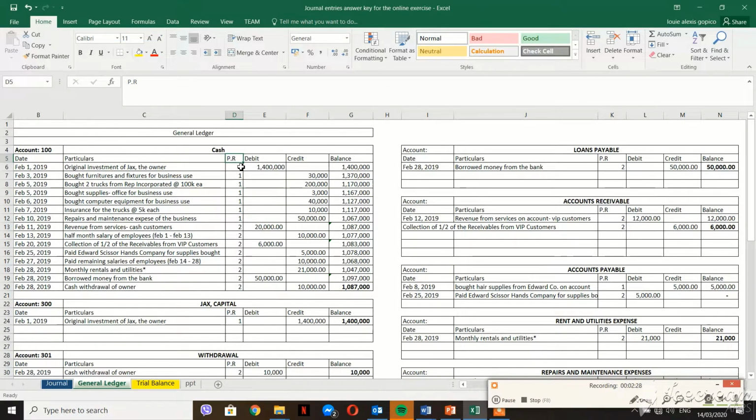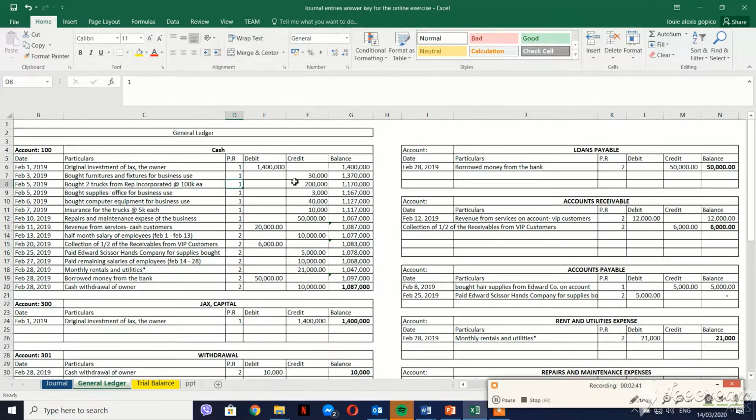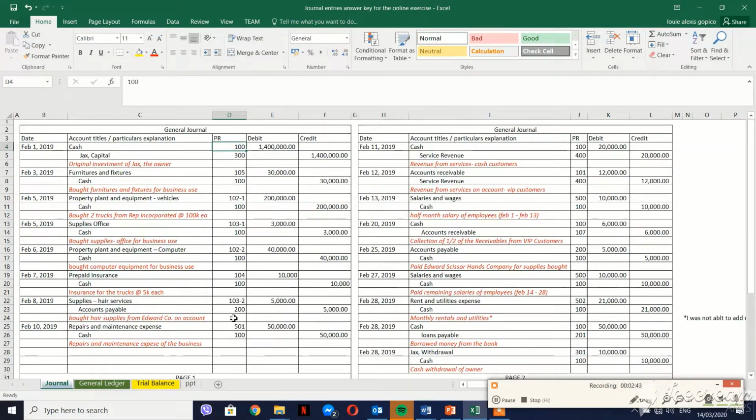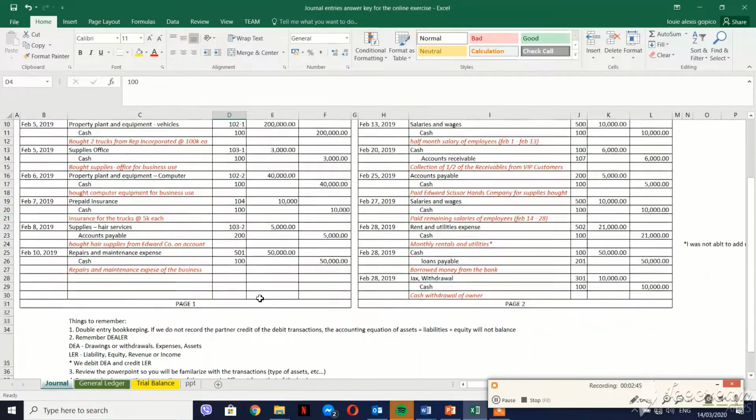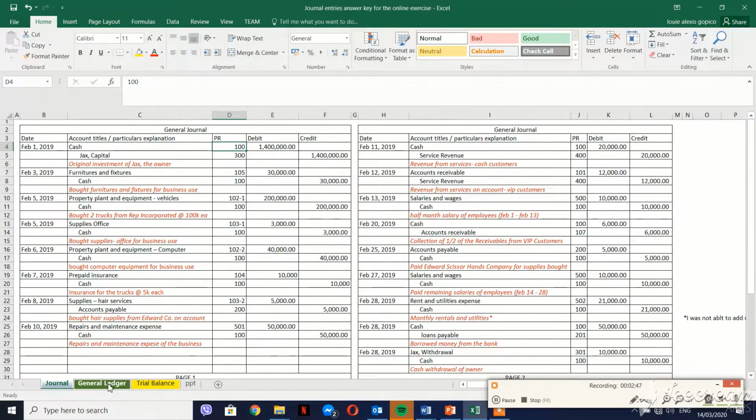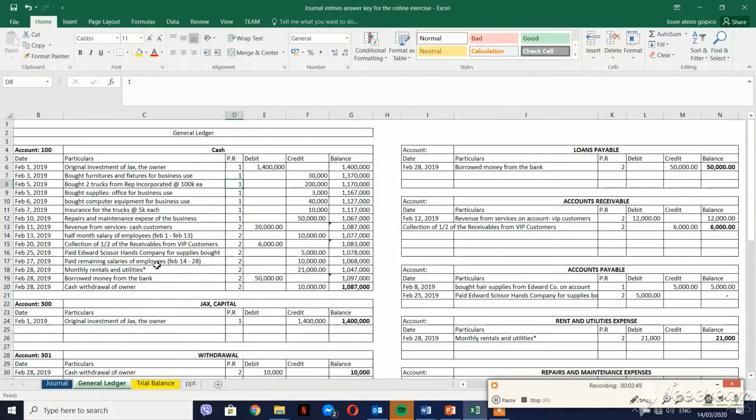There are so many transactions, users of financial information might get confused. So for example, bought 2 trucks from Rep Incorporated, di ba? So where will I look for that? If there are so many page numbers, we will get confused. That's why in the posting reference of the ledger, it is not the account, because it is already here.